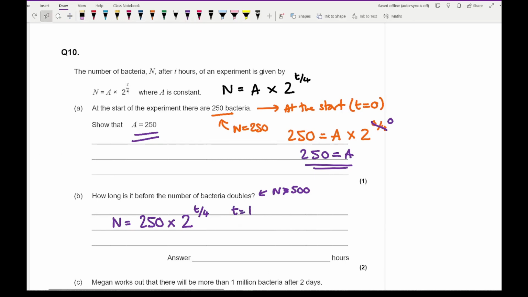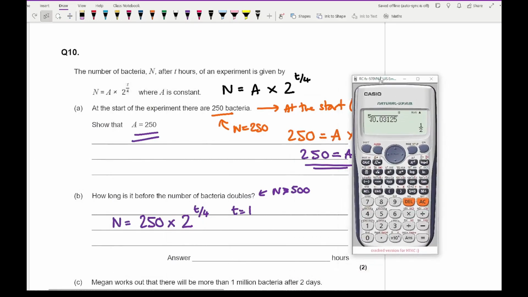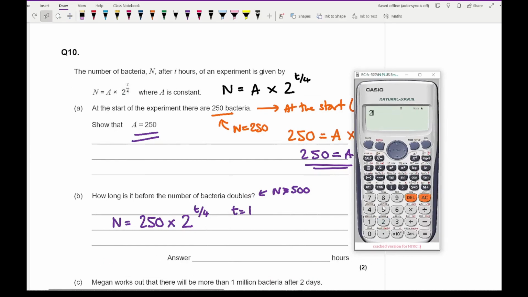Let's get the calculator back, we do 250 multiplied by 2 to the power of a quarter, so 0.25. Press equals, and it doesn't give me any number near 500. So I go back and change that power to something else.